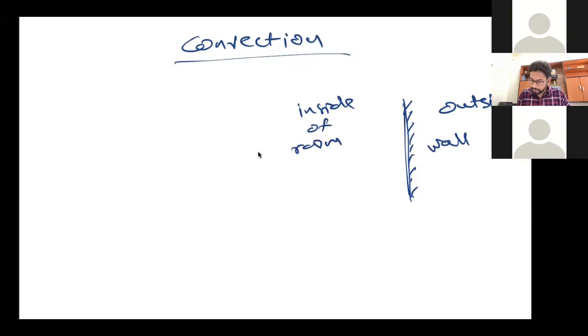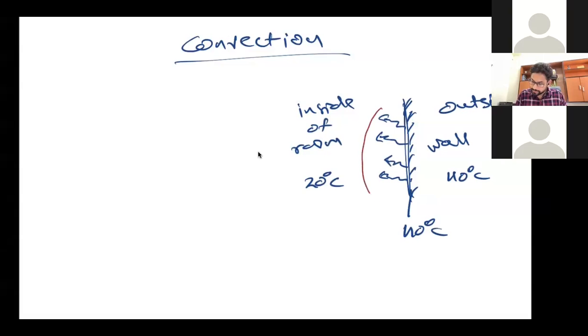Room temperature inside is 20 degrees Celsius, and it is summer, so temperature outside, let's say, is 40 degrees Celsius. This heats up the wall, and when the wall gets heated up, that is also 40 degrees Celsius now. Now it starts transmitting heat to air. So it will heat the air in this region, and that air will now start moving up because of buoyancy, right?